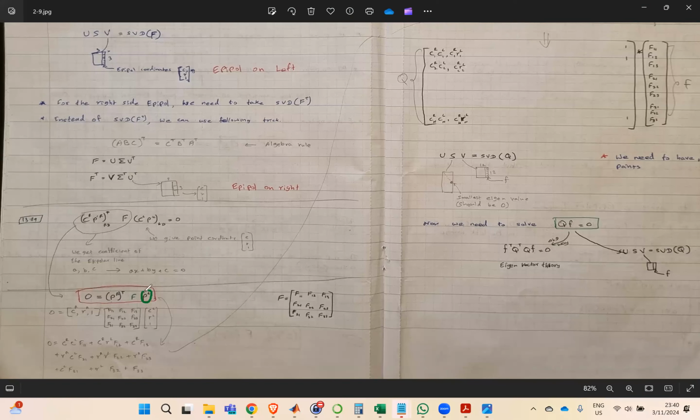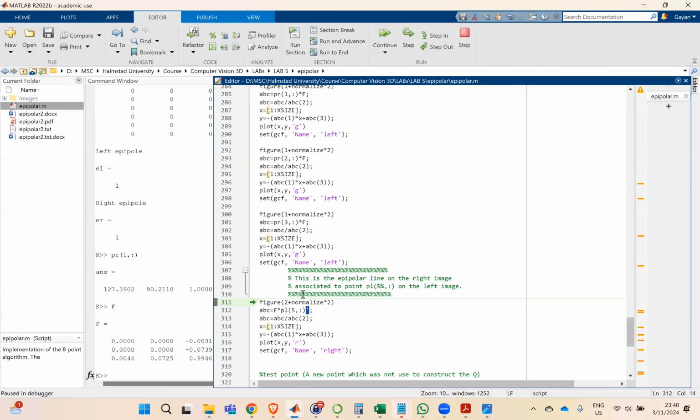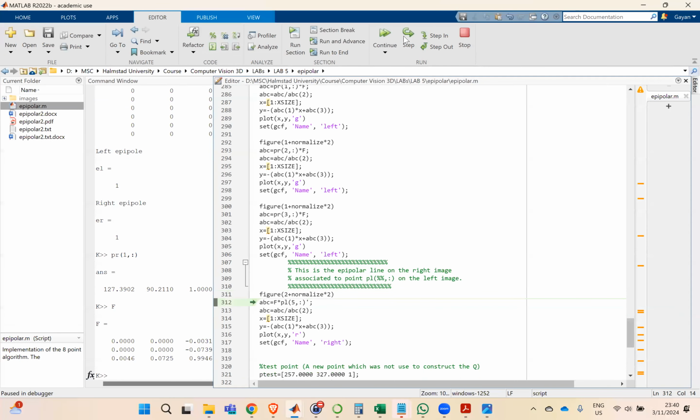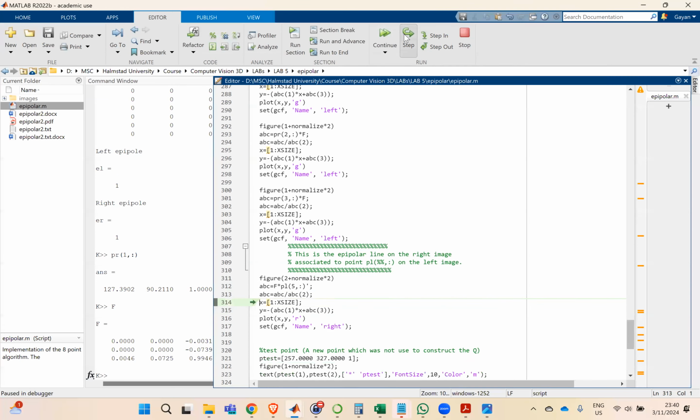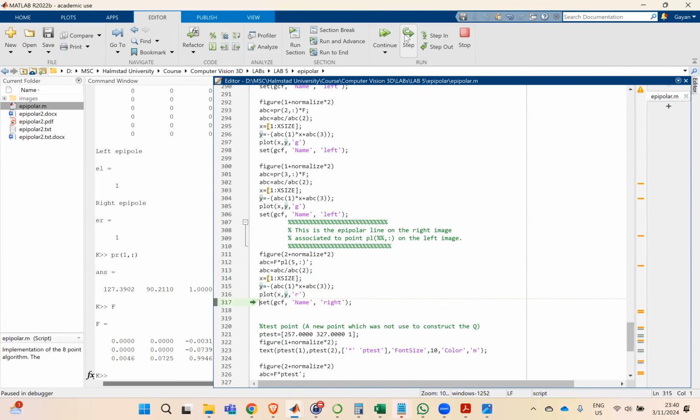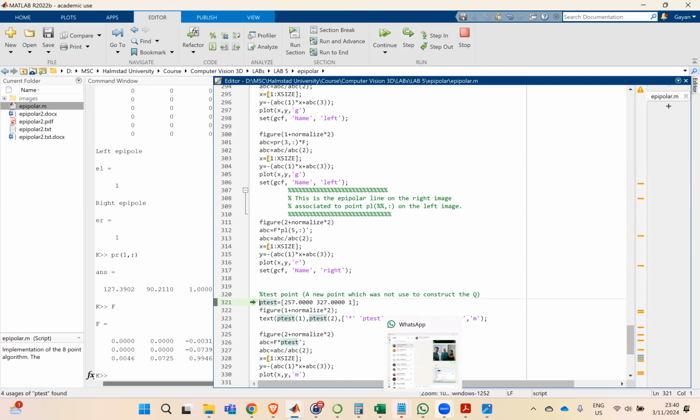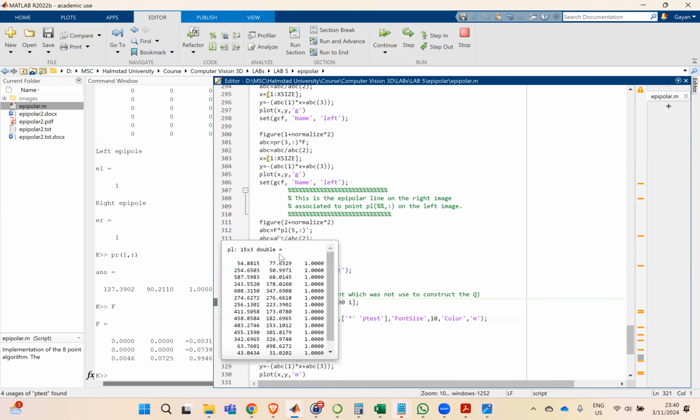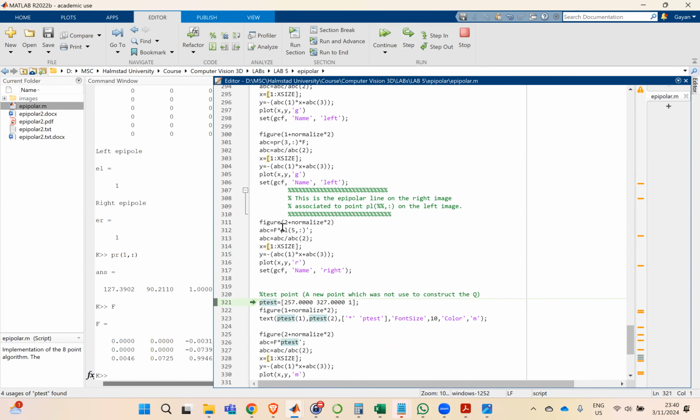You just take a point on the left side and multiply with this, and your answer is transpose. So I will go forward. But we take the point in the other direction now, and we took the point on the left side. Our point is point number 5.